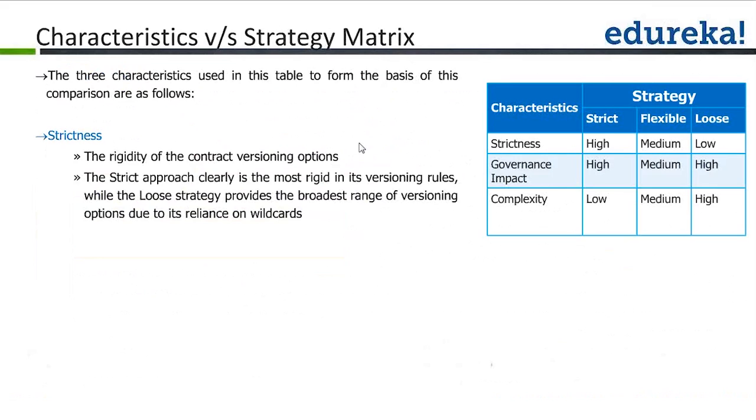Can any one of you tell me what is meant by strictness as strict high and flexible medium and loose low? Let's not talk about the governance, impact and complexity for now. Just focus on the first line. What do you mean by strict? Strictness, strict as high, flexible as medium, and loose as low.